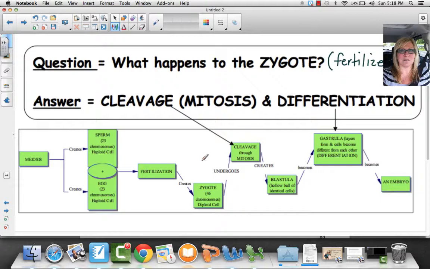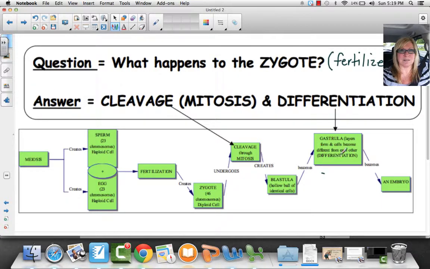So we go through several cell divisions until we have what's called a blastula, which is a hollow ball of identical cells, and that becomes a gastrula, which is where differentiation takes place. Layers form and cells become different from each other. This is differentiation.